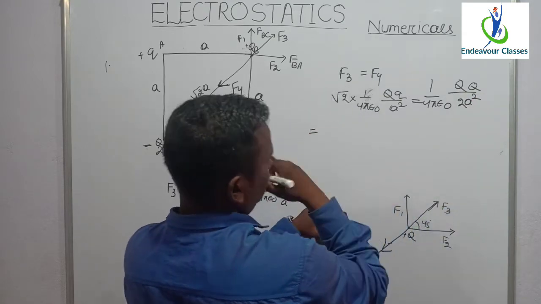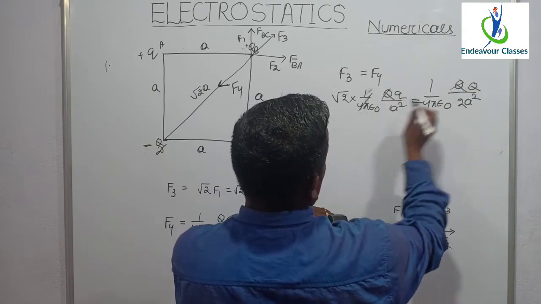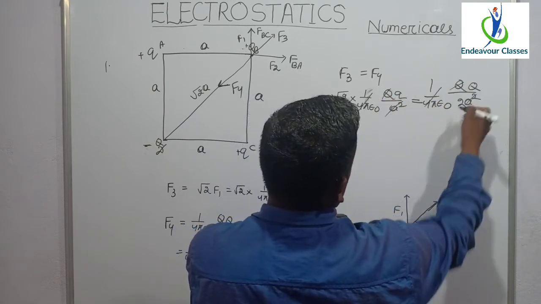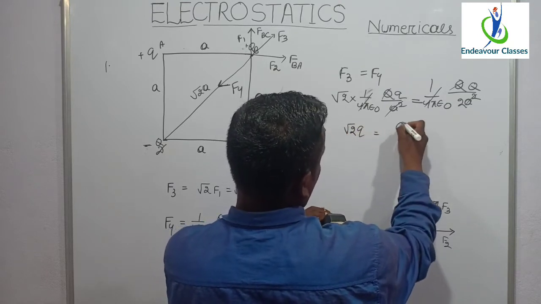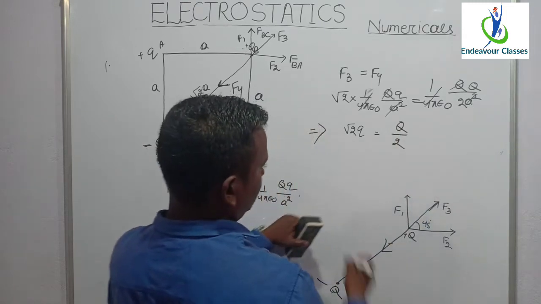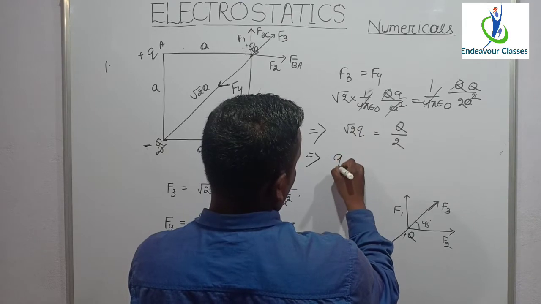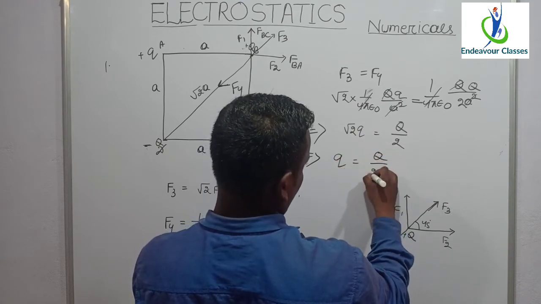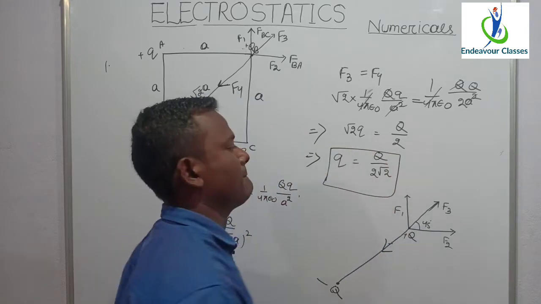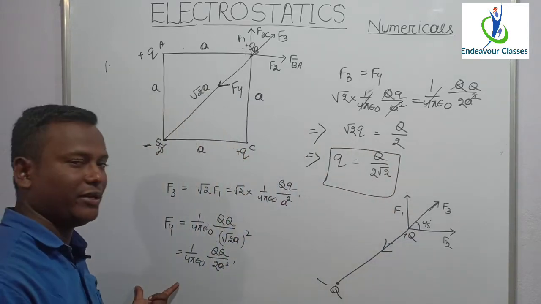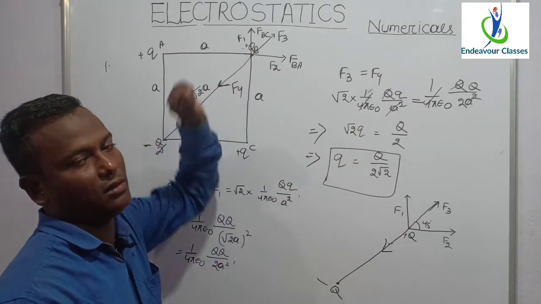That implies capital Q will be cancelled, a square will be cancelled, so we will get root 2 small q is equal to capital Q by 2. So that implies our small q is equal to Q by 2 root 2. So this is the relationship between capital Q and small q if the plus q is under equilibrium.